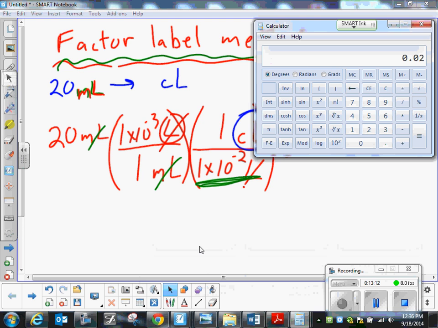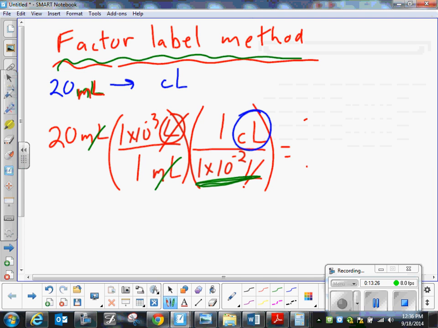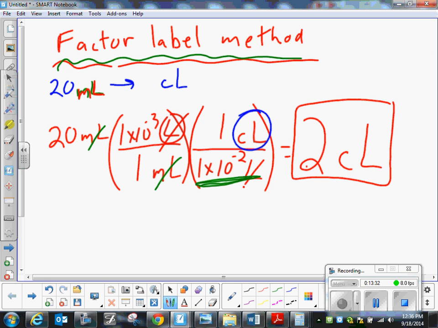Okay, so I divide by 1 exp negative 2, and I get my final answer of 2. Okay, so 2 centiliters is the correct answer, and that's how you do a two-step problem.